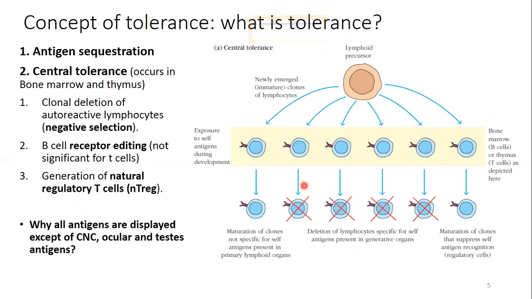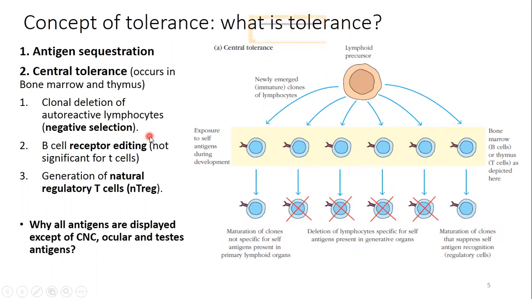The cells with very low affinity for self-antigens are allowed to go to the bloodstream. So what about cells with medium affinity? Some regulatory cells are produced, called natural regulatory T cells.